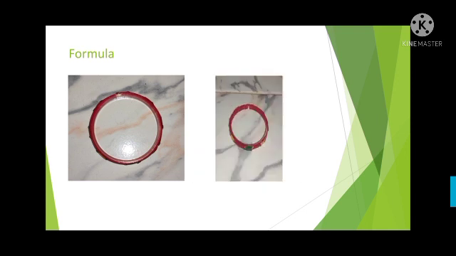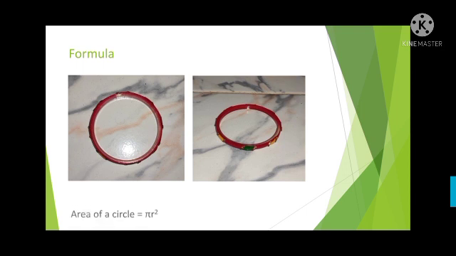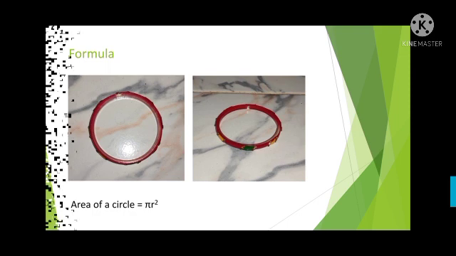This is the bangle which is in the shape of a circle, and if we stack up these bangles one above the other, then it will give us the cylinder. So area of the circle is pi r square, which you have to remember.